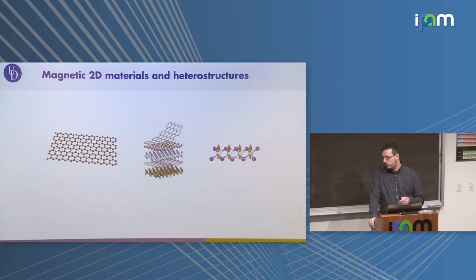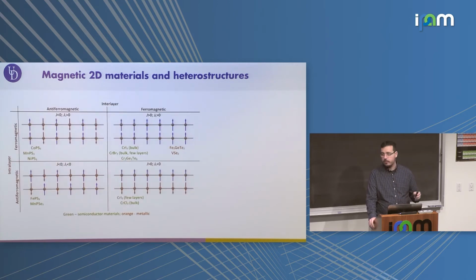So the basic property of all these 2D magnetic materials is that they have a perpendicular magnetic anisotropy, or some other anisotropy. What's also interesting is that they don't have to be just one layer, they can have a few layers, with different ratios of interlayer and intralayer exchange coupling between the magnetic moments. Here I present four different configurations depending on the ratio of these two.